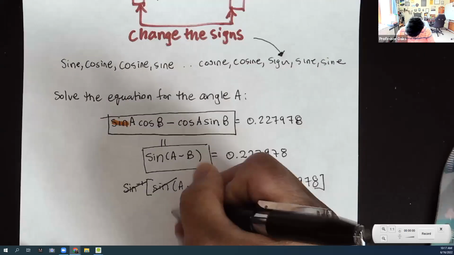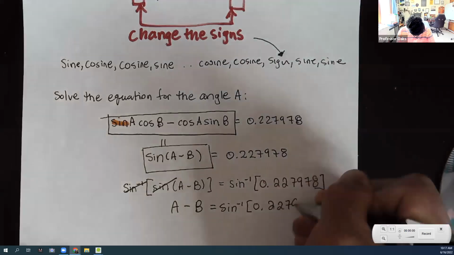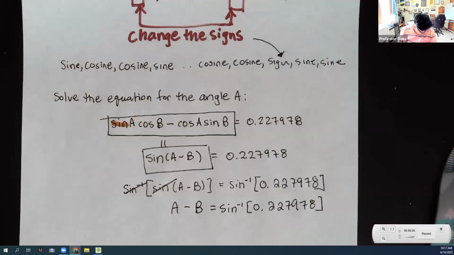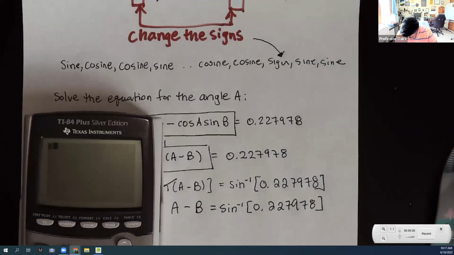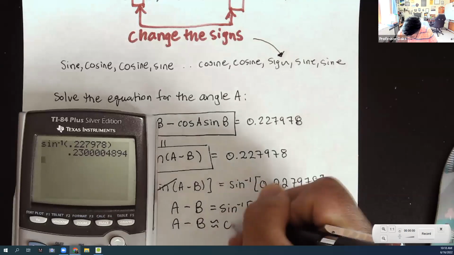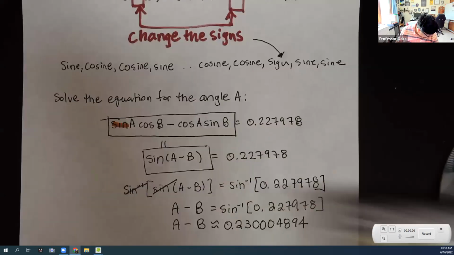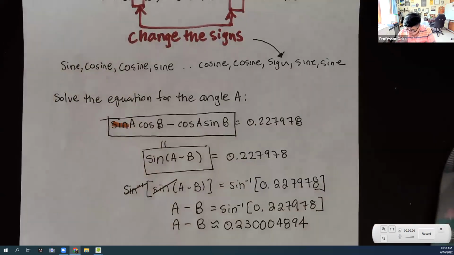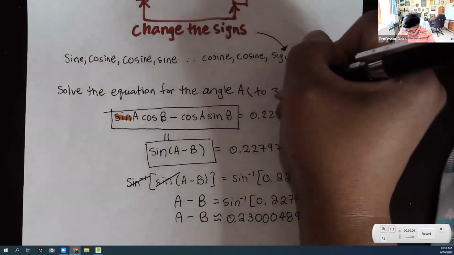So A minus B is sine inverse of 0.227978, and you can find that using a calculator. A minus B is approximately 0.23000484.